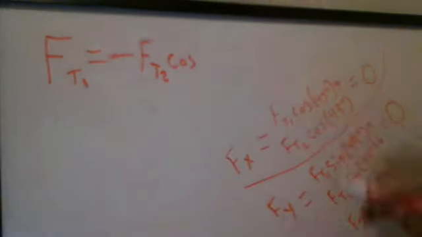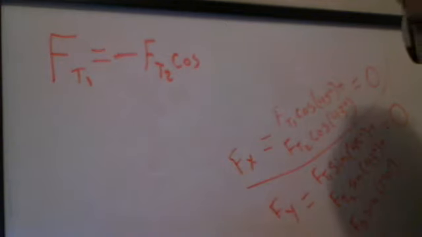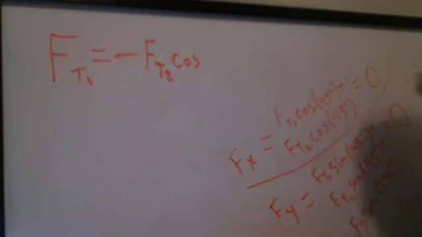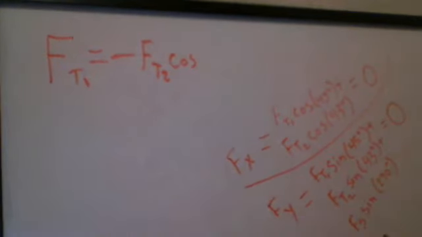cosine. Actually, is that 45 degrees or is that 45 plus 90? You know what I'm saying? 43 plus 90. One second. No, actually, because I wrote it like that, I think it cancels out in the end.